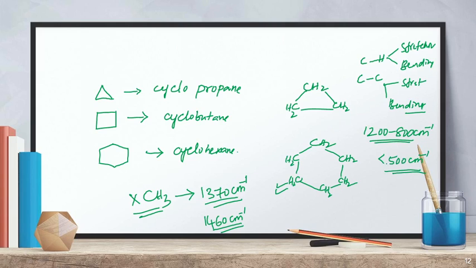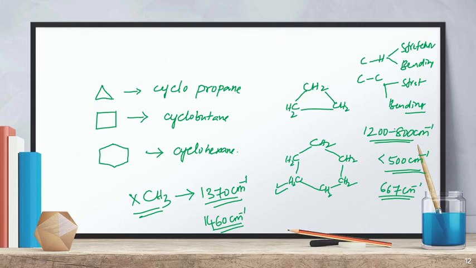Our IR region ends at 667 centimeter inverse only. So that means we cannot find the CC bending vibrations in IR spectra. So that's why we can find only CC stretching vibrations in our IR spectra. Particularly they are found in the fingerprint region.